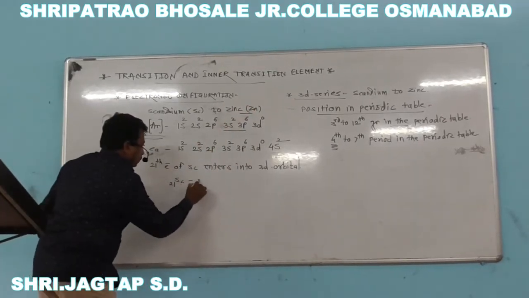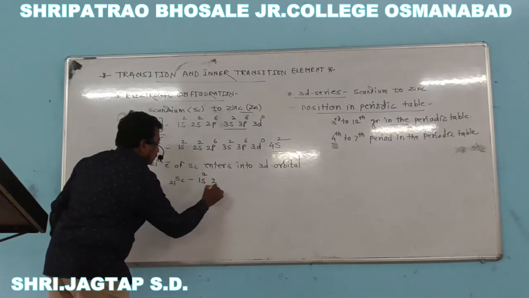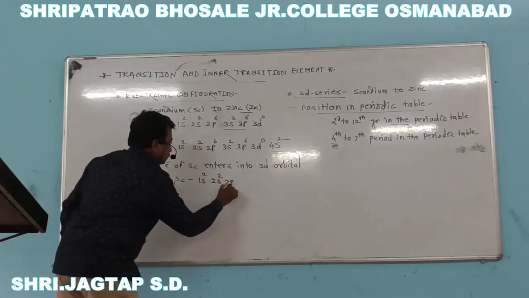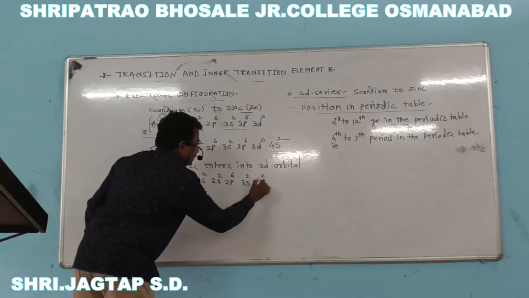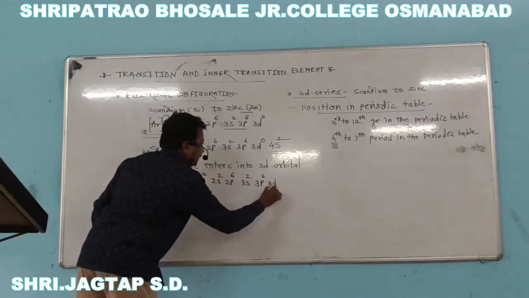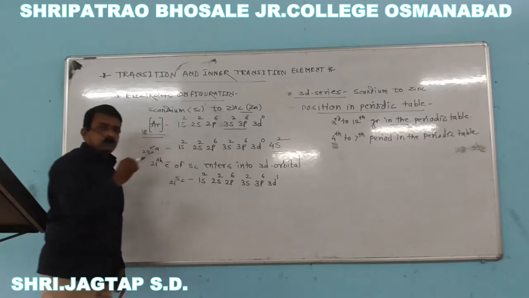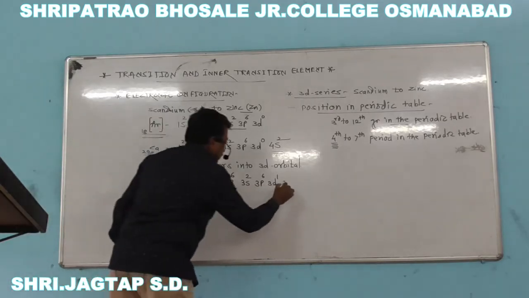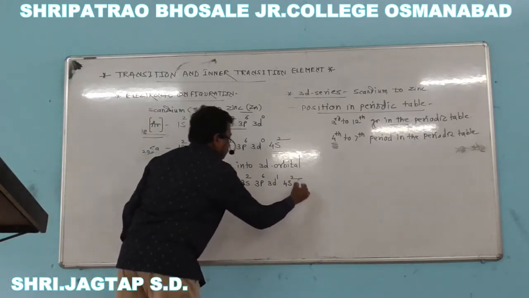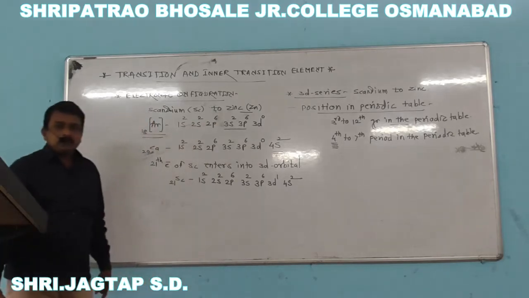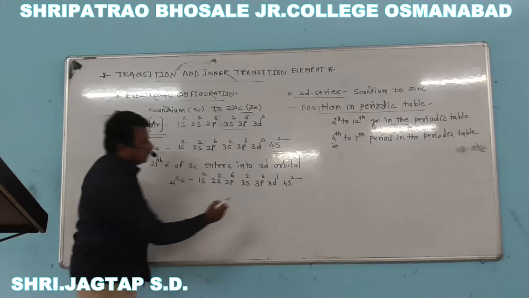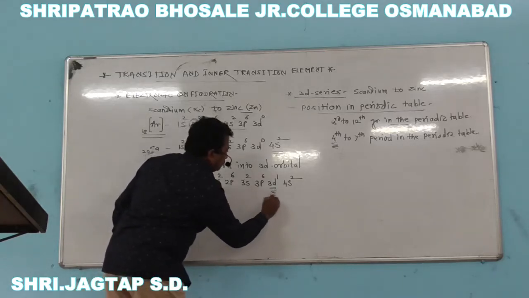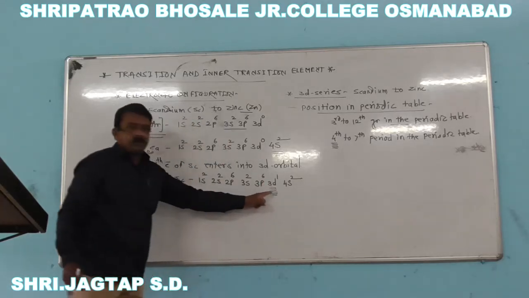Therefore, the electronic configuration of scandium, the first element in the 3d series, is 1s2, 2s2, 2p6, 3s2, 3p6, 3d1 and 4s2. That is, the 21st electron of scandium enters the 3d orbital.